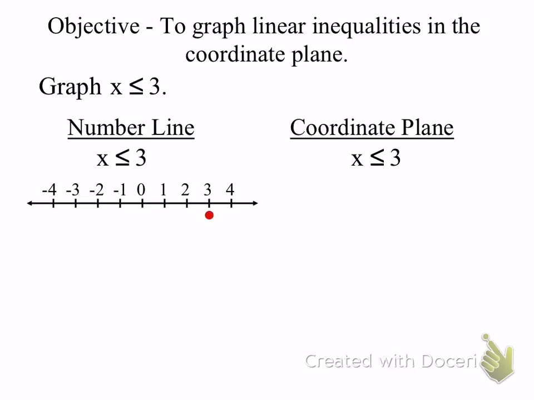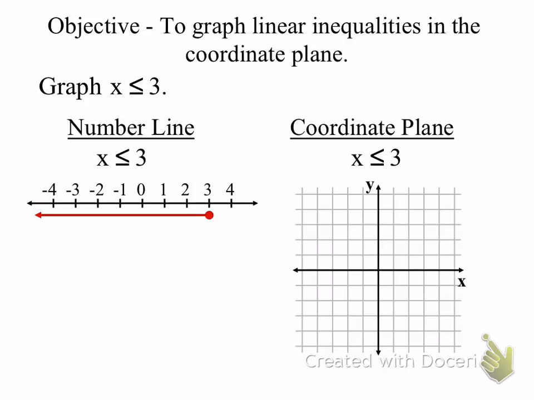In which direction would it go? Towards the negatives, or to the left. What does that solid dot mean? That 3 is included in the solution set. So anything less than 3, including 3, is included in the solution set.